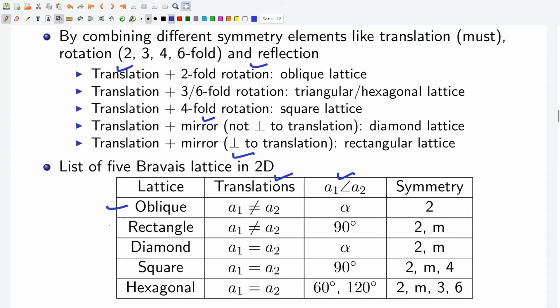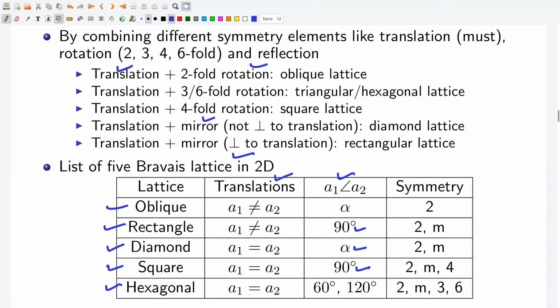This is known as the oblique lattice. The second one is known as the rectangular, where the magnitudes are different but the angle is fixed. The third one is diamond, where the magnitudes of the two vectors are equal, but the angle is general. The fourth one is square, where the magnitudes are equal and the angle is also fixed, equal to 90 degrees.